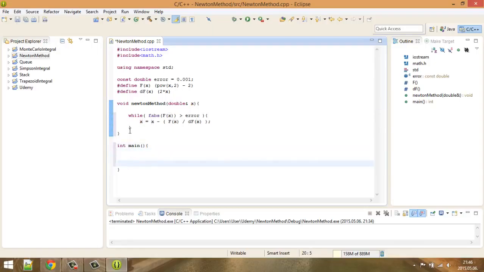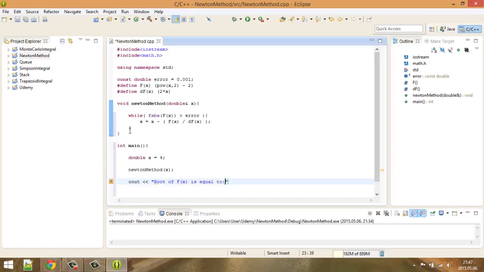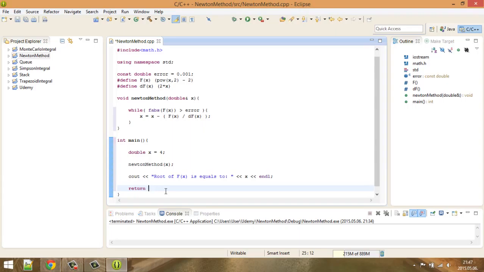And here we have, for example, the guess double x equal to 4. We call the Newton method with x, and the root of f(x) is equal to, and I'm going to print out the x and an end line, and I should return 0.